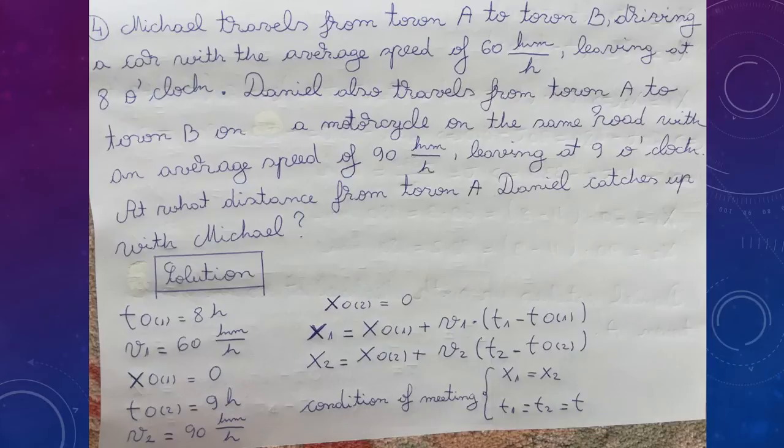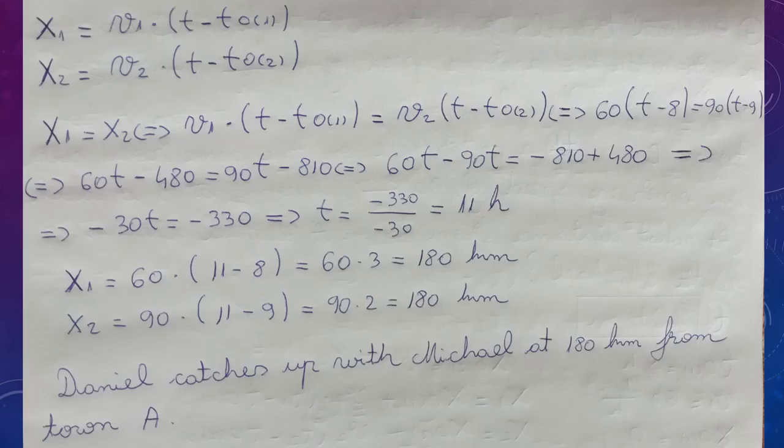The equation of Michael's position is given by x1 equals x01 plus v1 times (t1 minus t01), and Daniel's position is given by the equation x2 equals x02 plus v2 times (t2 minus t02). The condition of meeting is x1 equals x2 and t1 equals t2 equals t.